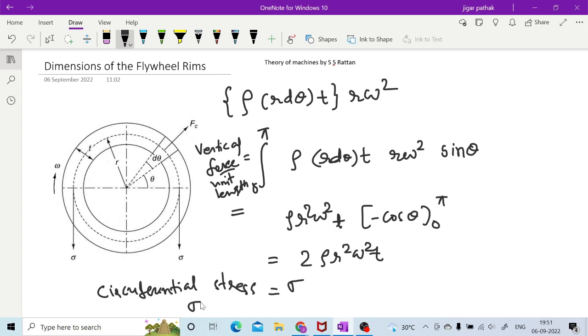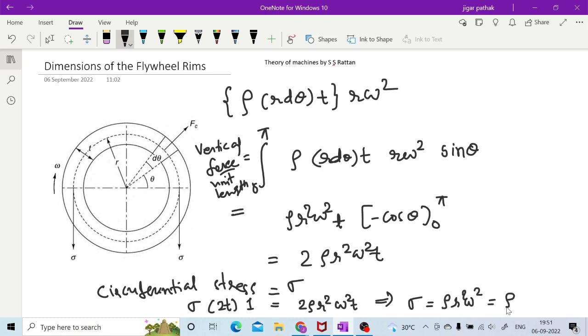If you equate the two, stress into area, again here you need length. So sigma into 2t into 1 is equal to 2 rho r square omega square t, which gives sigma equal to rho r square omega square.